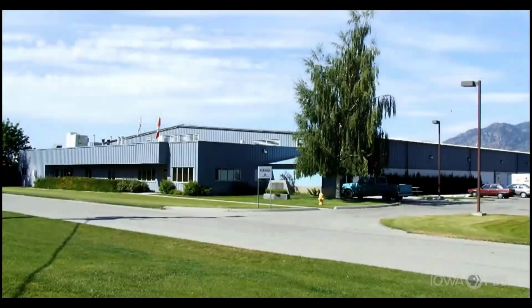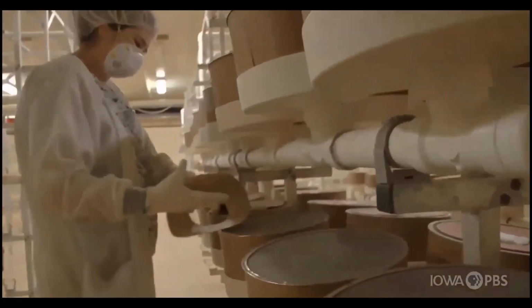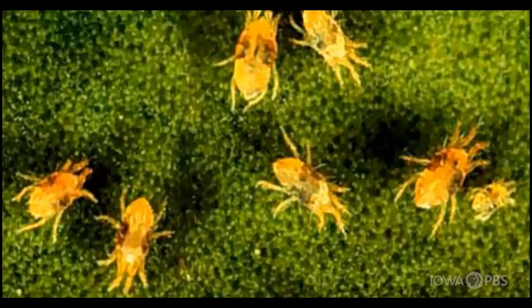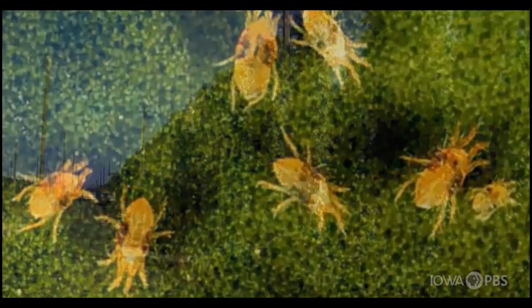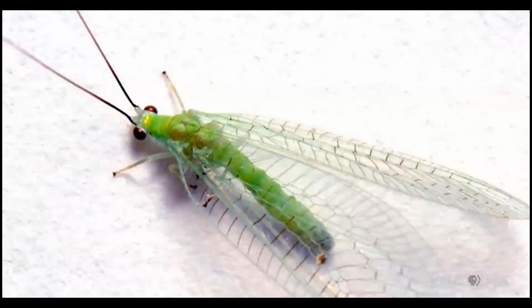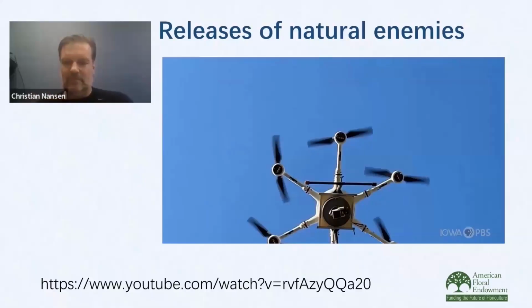A Canadian facility is the only large-scale insectary rearing sterilized codling moths. Crumpets expects demand to grow for other insects, especially predatory mites that feed on two-spotted spider mites, which are harmful to crops like hops and strawberries. Also, green lacewing, which eat other harmful aphids, show promise for many specialty crops, including fruits, nuts, and marijuana.